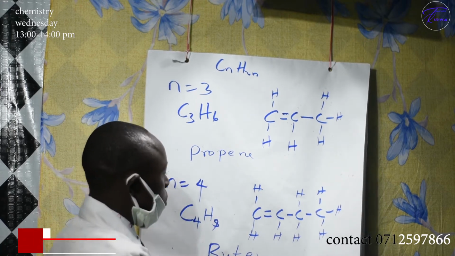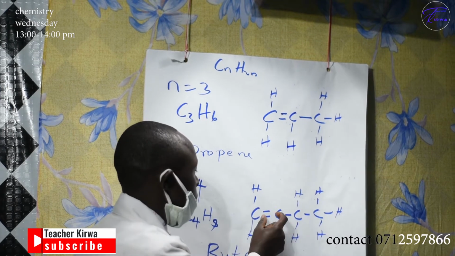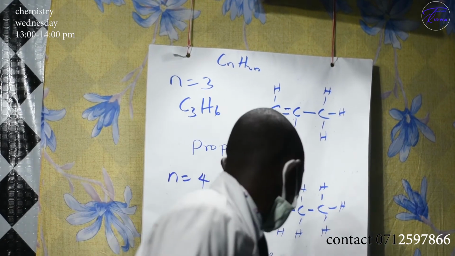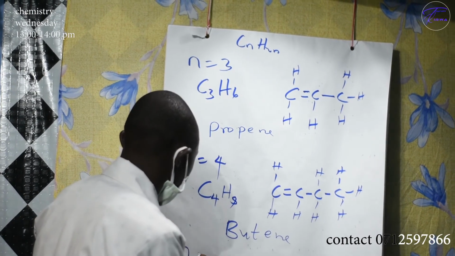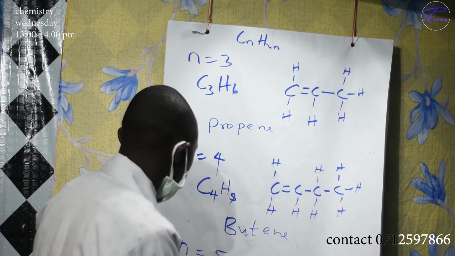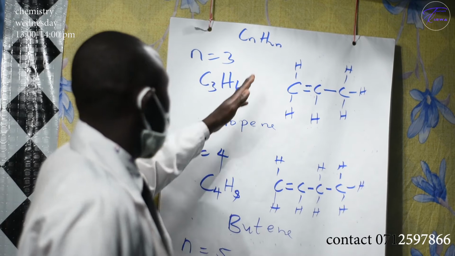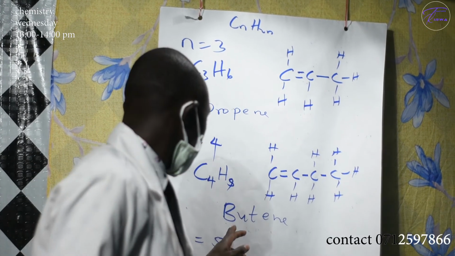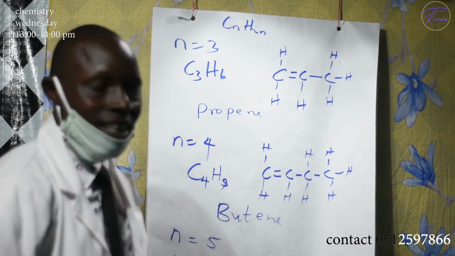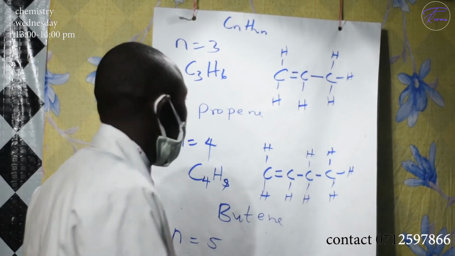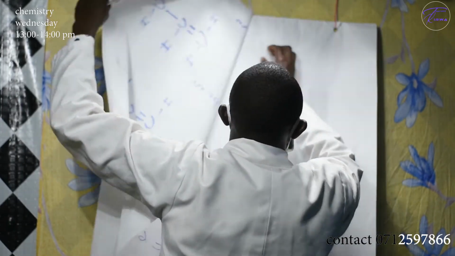So when you say but, 1, 2, 3, 4, and then ene is shown by the double bond. Now you can go on with the rest, where n is equal to 5, n is equal to 6. You can find the rest of the formulas using the general formula and the number of carbon atoms: pentene, hexene, etc. So that is how naming is done.